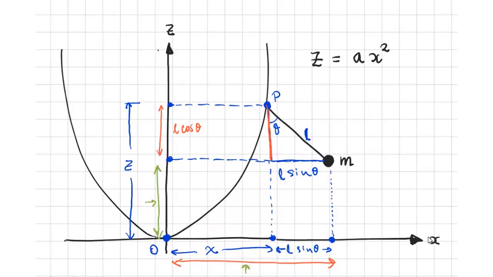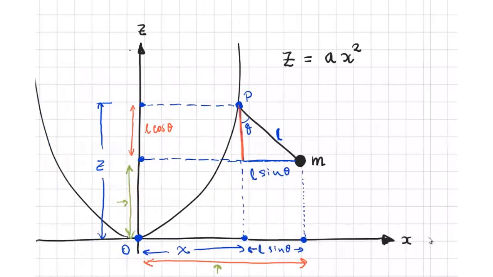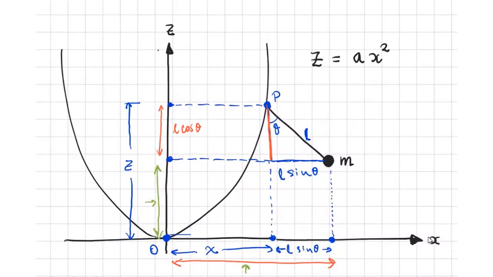We write the position R between the origin of coordinates and the mass as R equal to x plus L sine of theta along the x direction plus z minus L cosine of theta along the z direction.